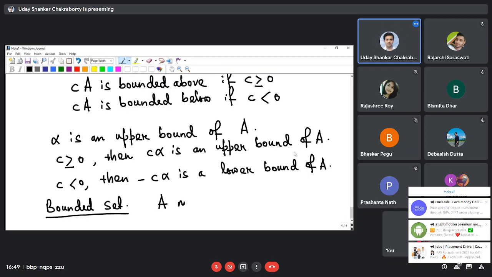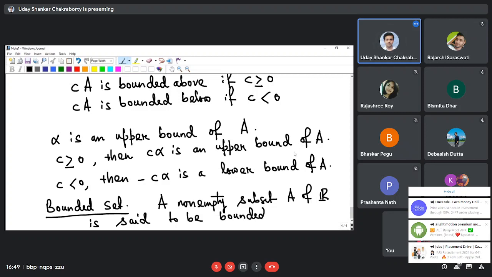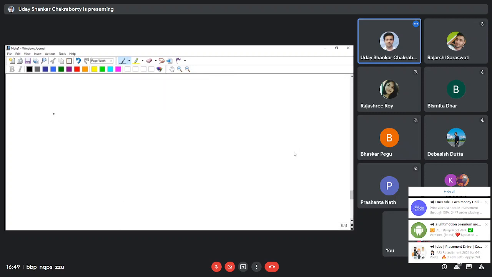A non-empty subset A of R is said to be bounded if it is both bounded above and bounded below.